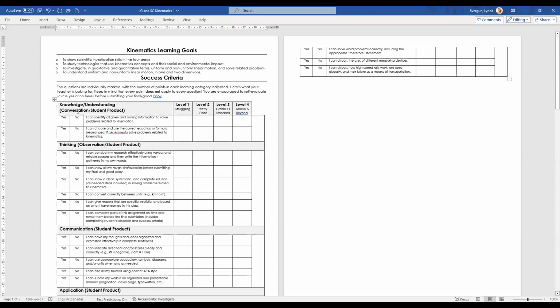Okay, about knowledge. Can you identify the given and missing information to solve problems related to kinematics? For example, you have some information about the object, like distance and speed.